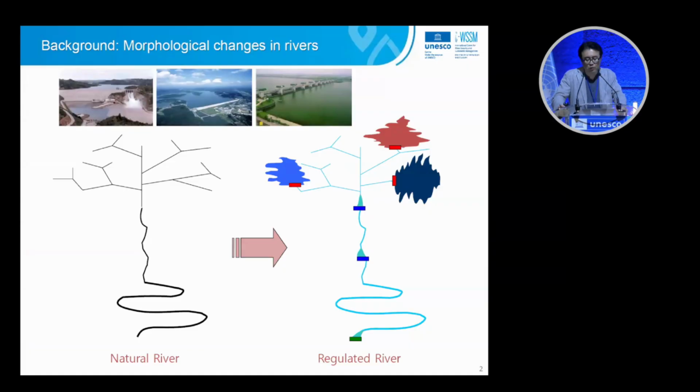In many countries with a large population, such as South Korea, natural rivers have experienced morphological change over the past 2 decades. Especially in South Korea, a large portion of the precipitation is extremely biased to the summer season. More than 70% or even 80% of the annual rainfall occurs in the summer.